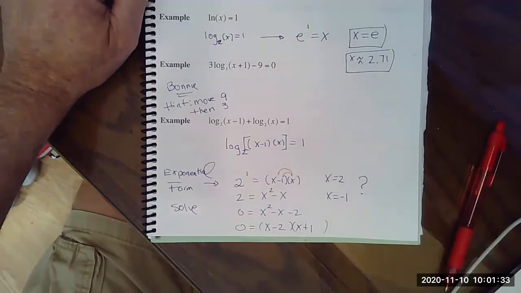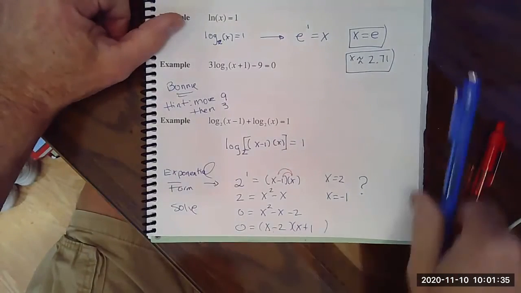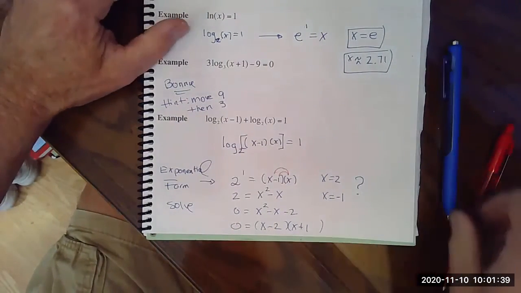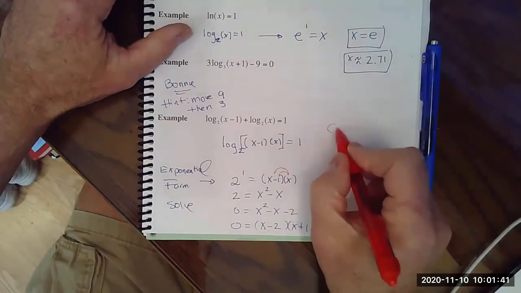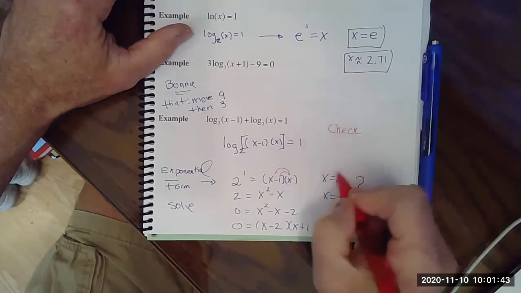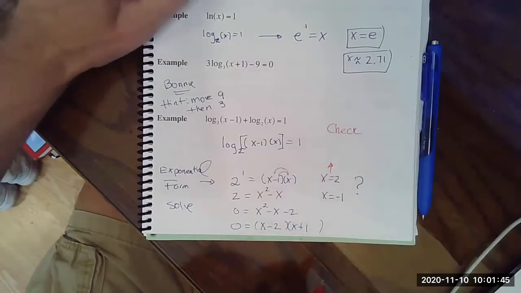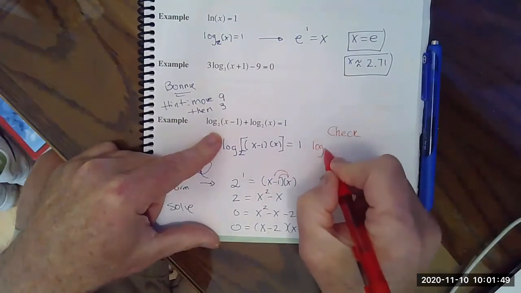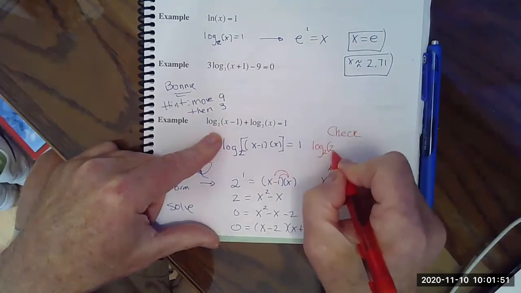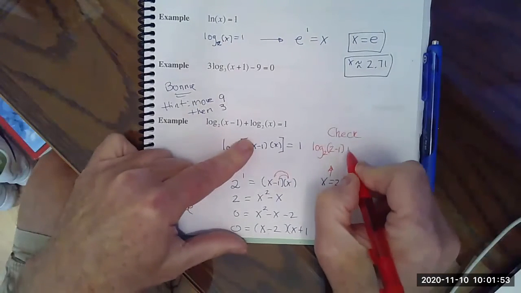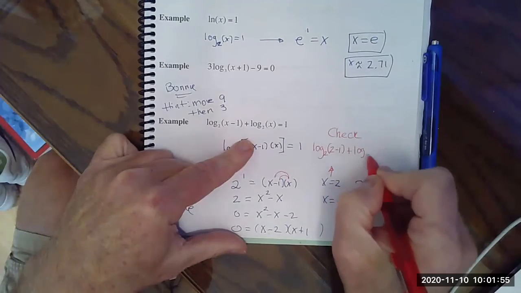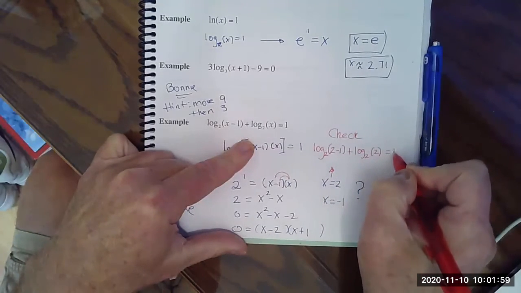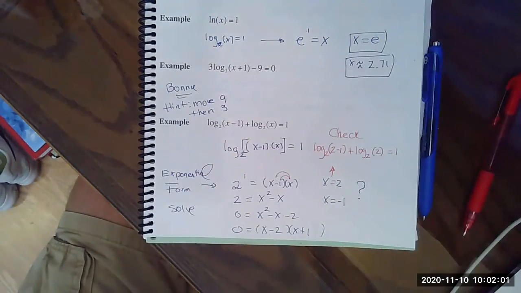I wonder if it's true. Where do you go? Original. Check. I'm going to check that one there. Original. You go log base 2 of 2 subtract 1 plus log base 2 of 2. The question is, is that 1? Is it 1?